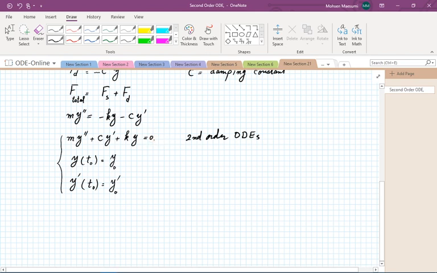And then there are more advanced topics in this section, which refers to the issue of resonance, and another topic that is the issue of beats that we are going to investigate. Those things are going to come up when we talk about applications and modeling.